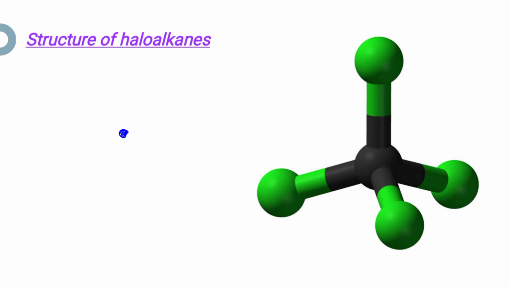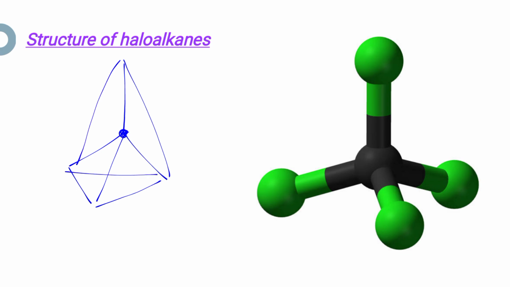This is the center carbon, and this is the basic geometry of tetrahedral. The carbon atom is connected with 4 different bonds, maybe halogen, maybe not halogen. So this gives this type of geometry.